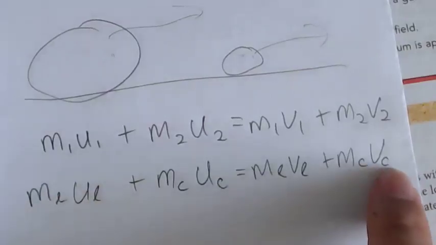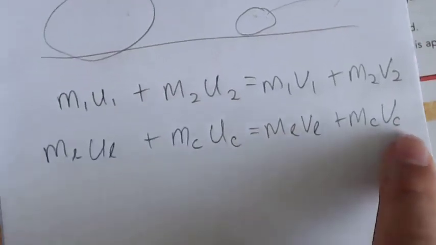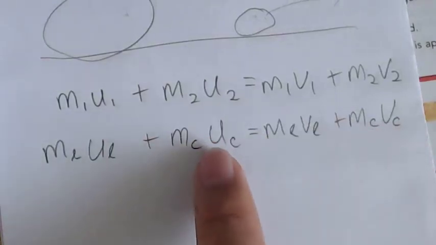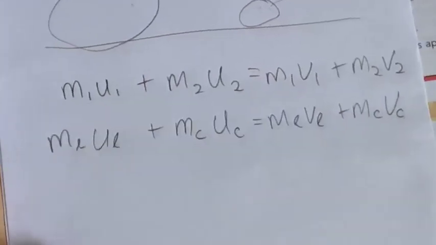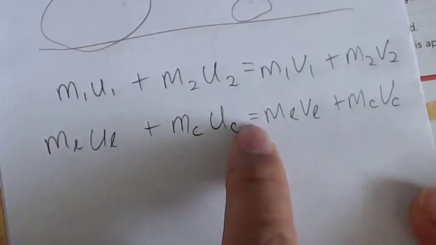How to find VC? Back to mathematics. You do algebra transfer until you get VC on one side, while the other components whose values we know already go on the other side of the equation.